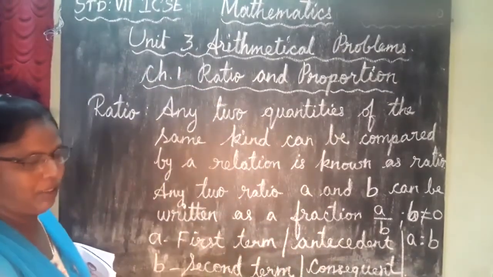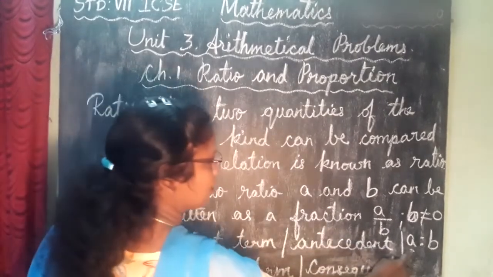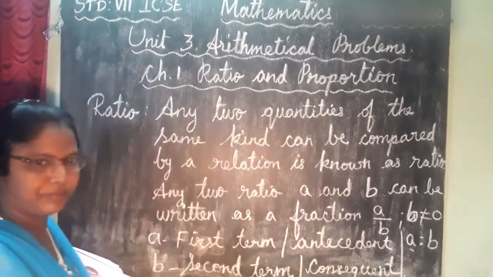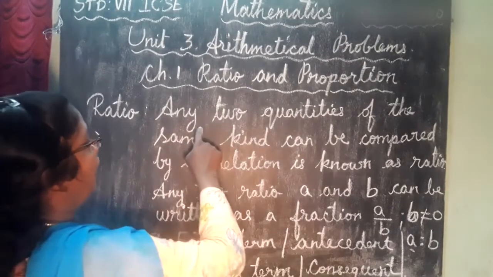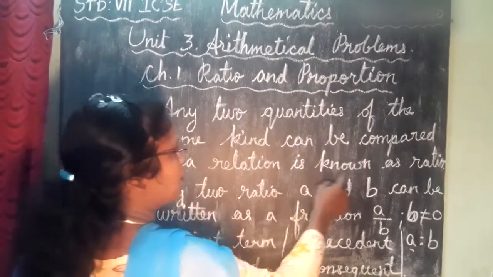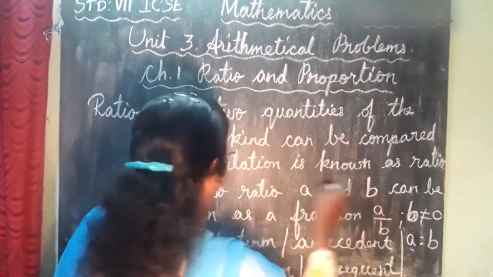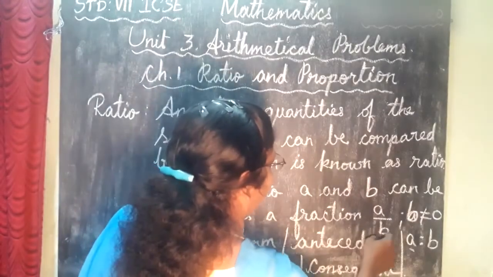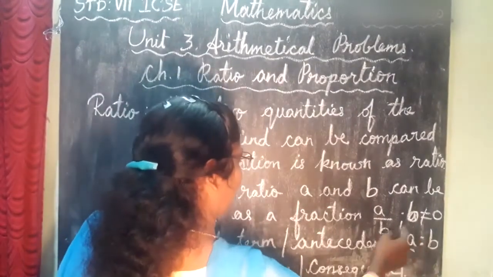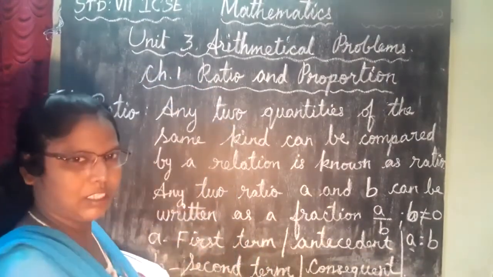A is to B, where A is called the first term or antecedent, and B is called the second term or consequent.